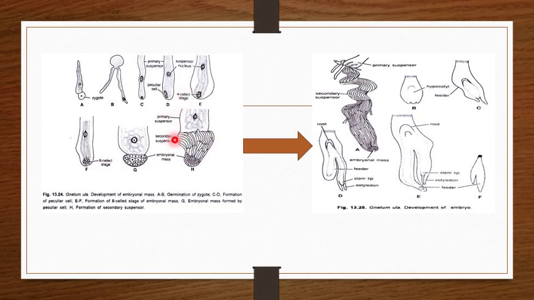The primary and secondary suspensors help in pushing the embryo into the endosperm.